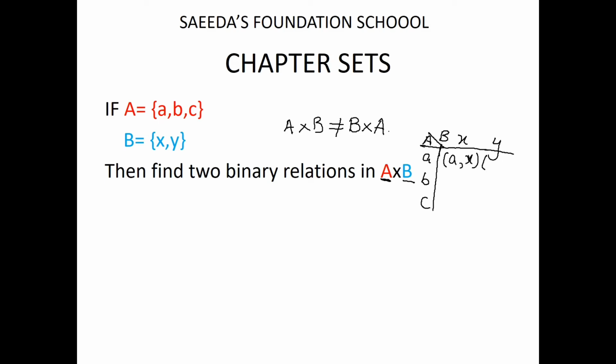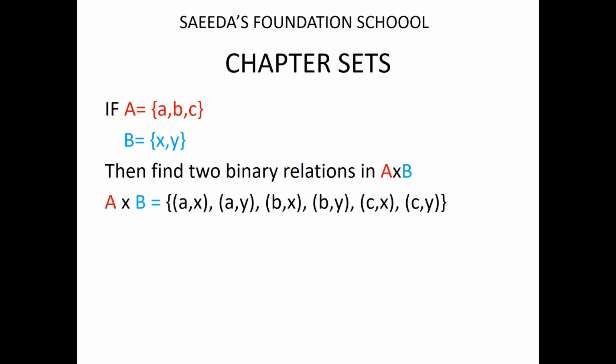AX, AY, BX, BY, CX, CY. Now writing them all down together, you are going to get the Cartesian product of A cross B, and this is how we got it.